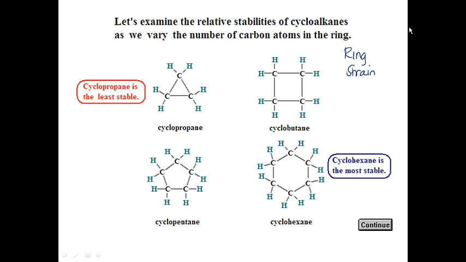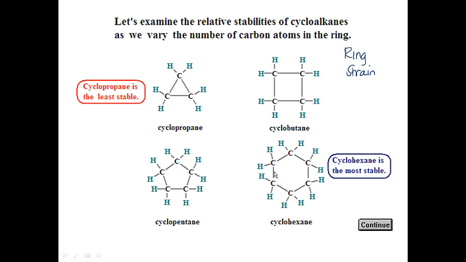What we find is that a cyclopropane ring is the least stable of the cycloalkane rings. Cyclobutane is next, and cyclopentane and cyclohexane. Cyclohexane is actually the most stable of these rings.